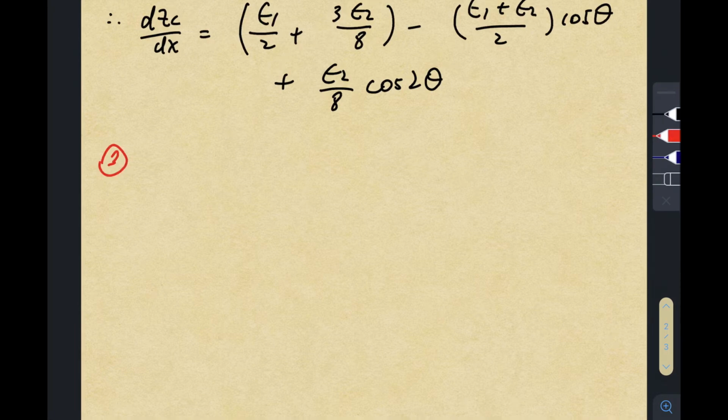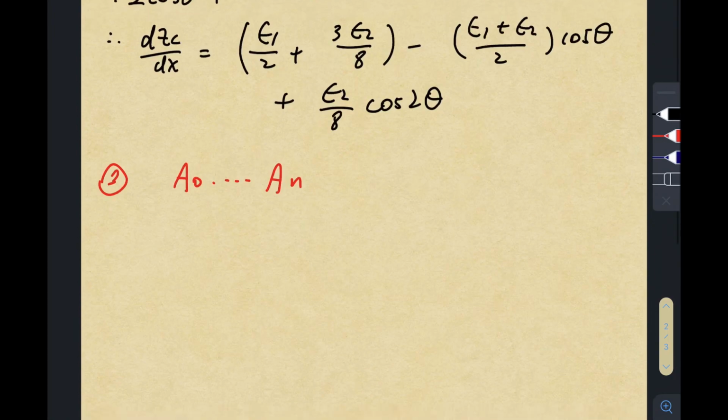Okay, the third thing I'm going to do is try to find A0 to An.